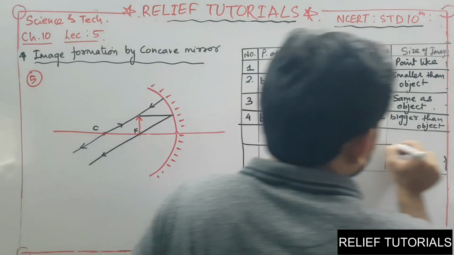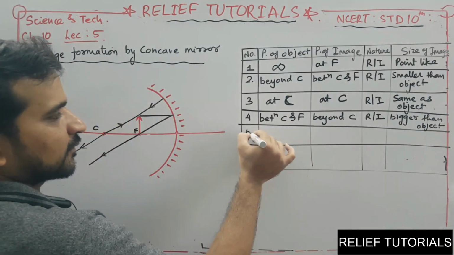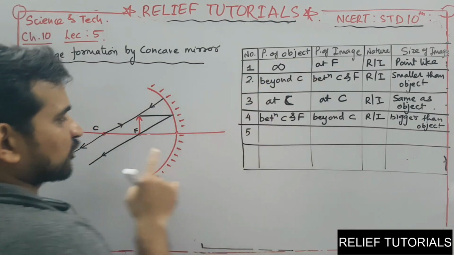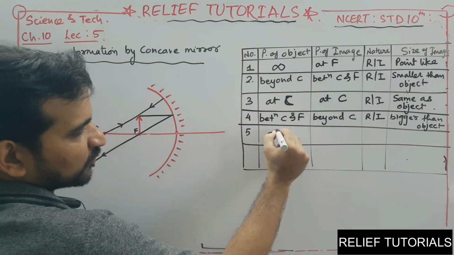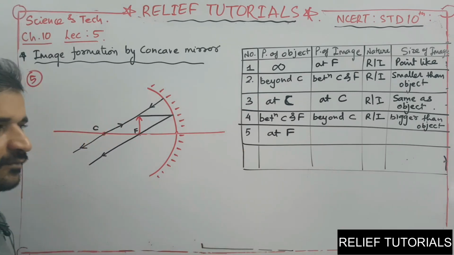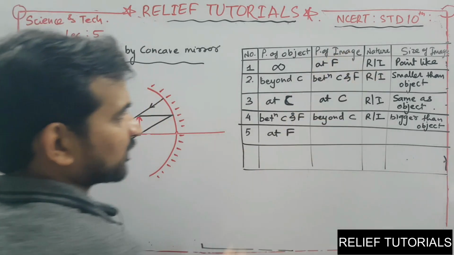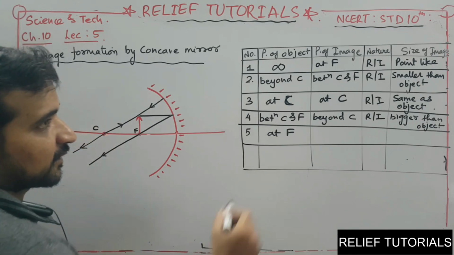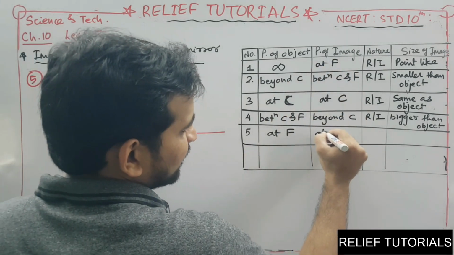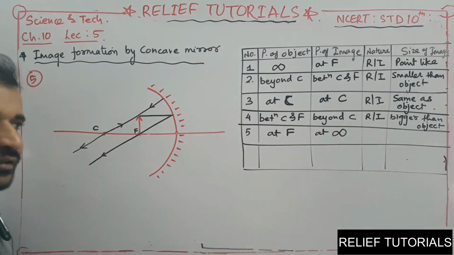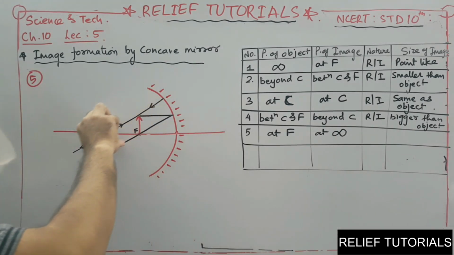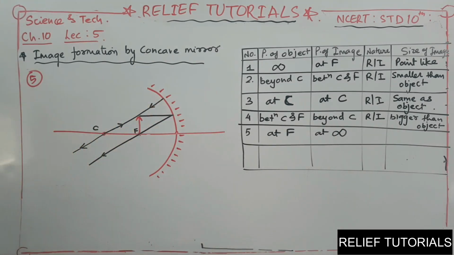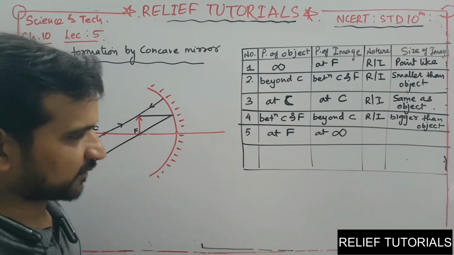But what do we have to write? Fifth case, what is the position of object? Position of object is at F. Position of image, there is no image formed here, but what we can write? We can write the position of image is at infinite distance, because the rays are going parallel to each other and they are not going to meet at any point.